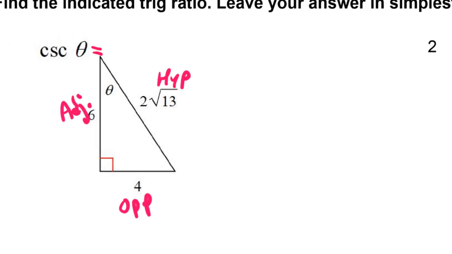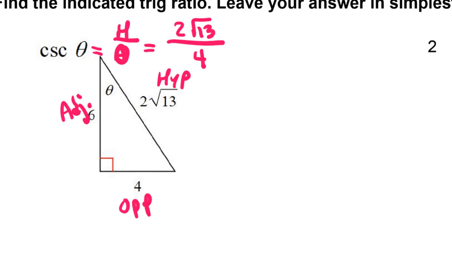Now some people might need to write down the letters for it. Cosecant is hypotenuse over adjacent. Well, I'm sorry, I wrote hypotenuse over adjacent.